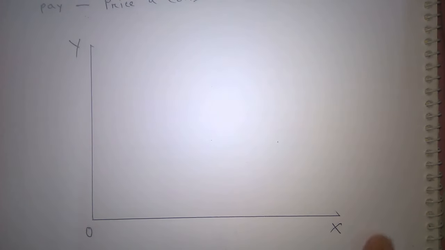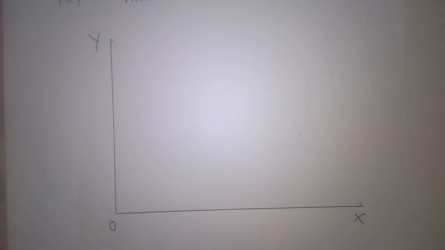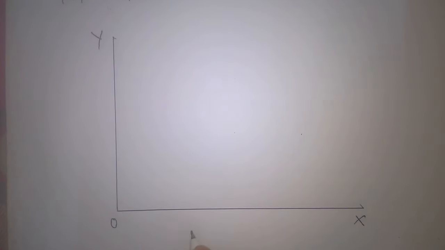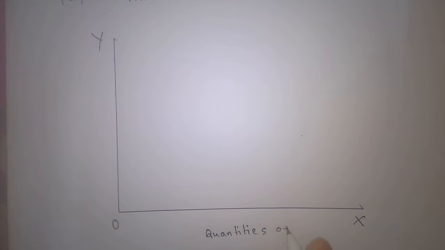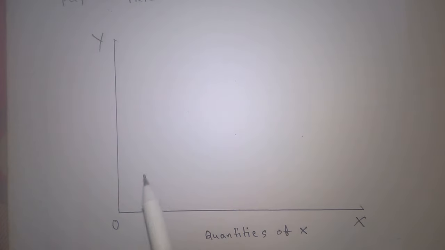Notice that the x-axis stands for quantities of the product you are purchasing. So this one is quantities of product X. What does the y-axis stand for?